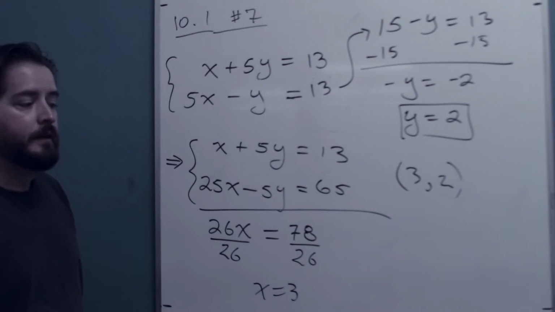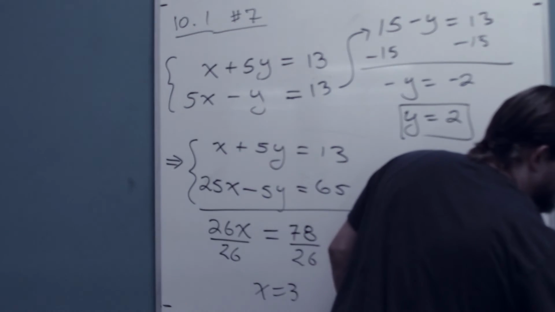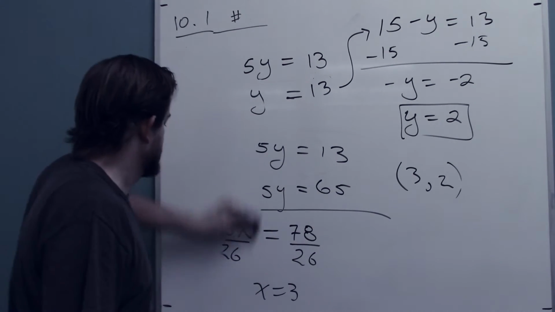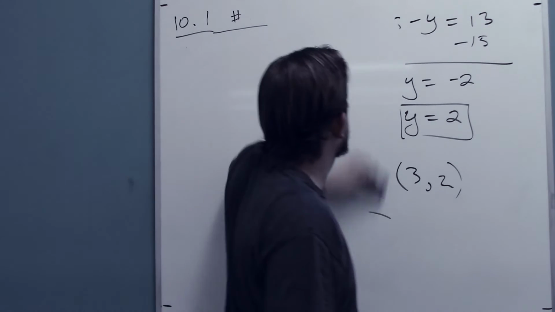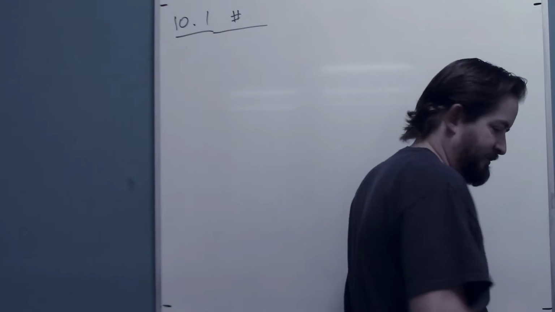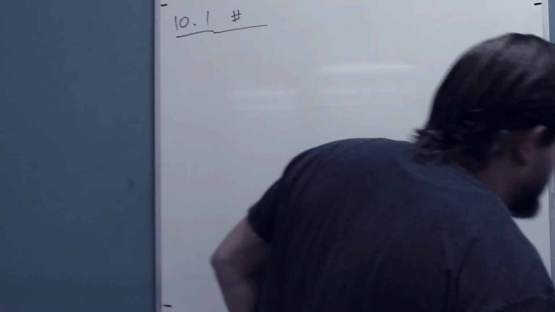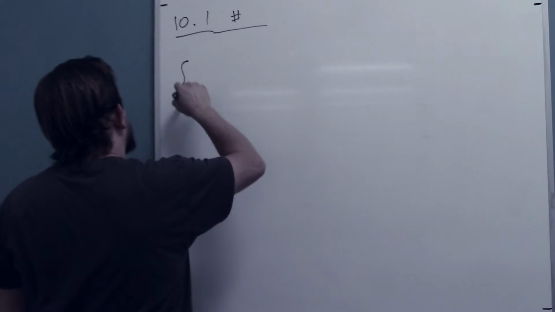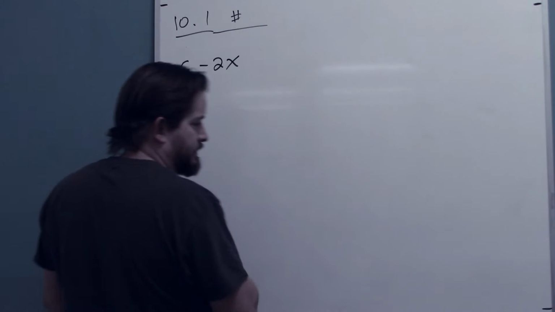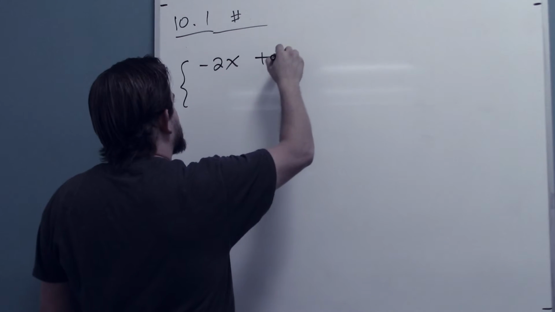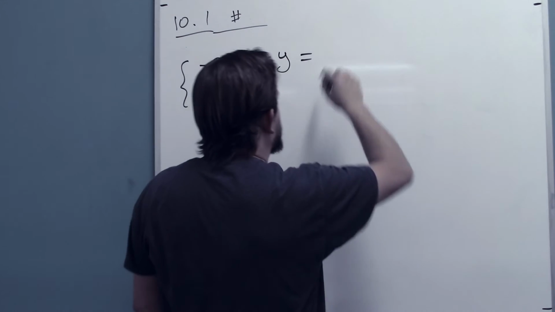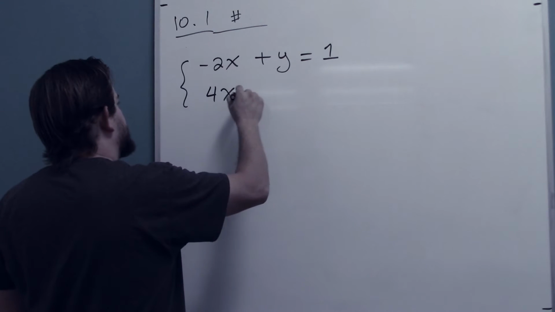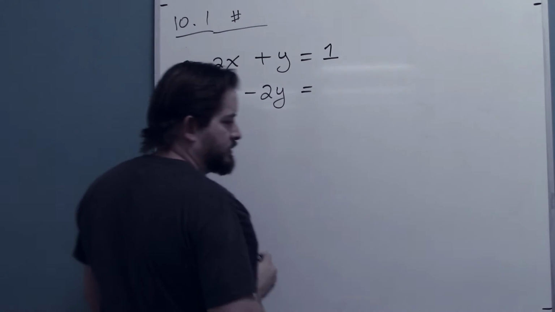Okay, good. Let's also look then at 9. Nine says the same thing, use any method to find the solutions, and we're given the system negative 2x plus y equals 1, and 4x minus 2y equals negative 2.